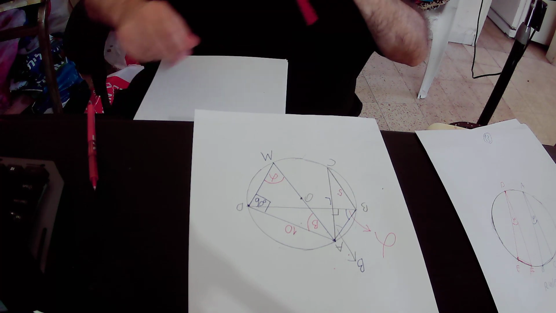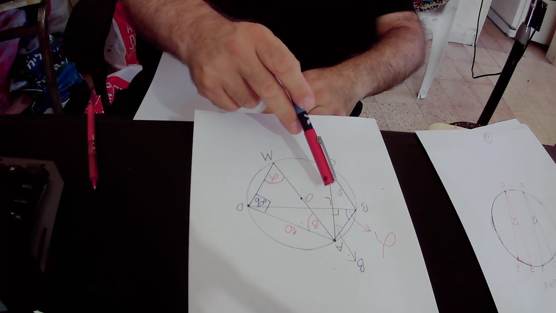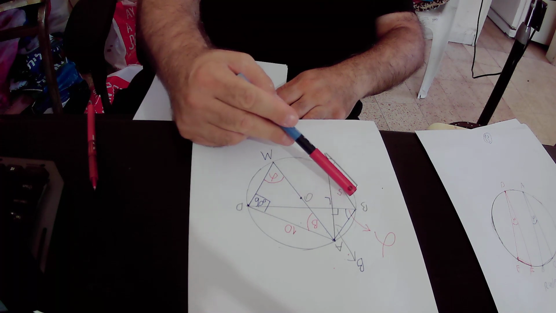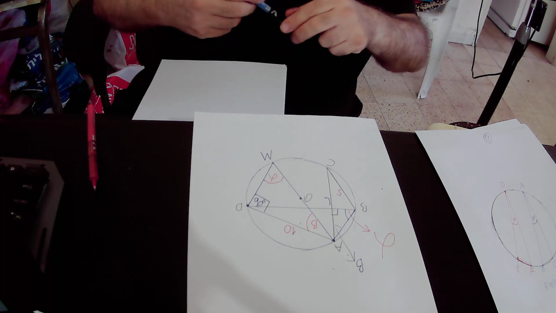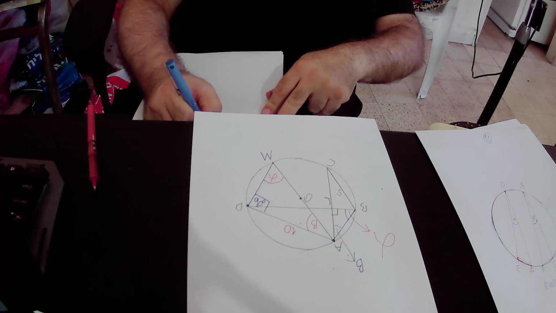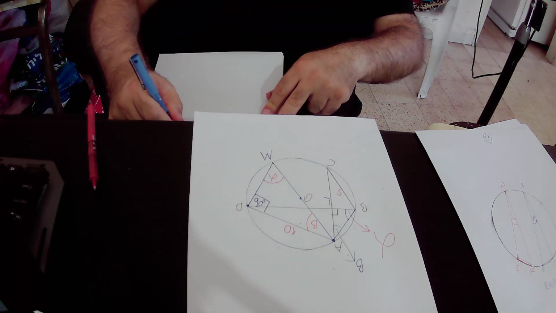As you can see, angle BAL, or we can say also angle BAC is the same. Angle BAC equals angle beta, and also angle MAD equals angle beta.